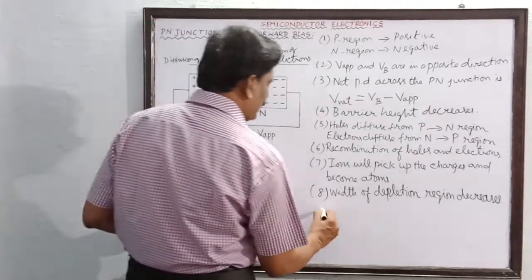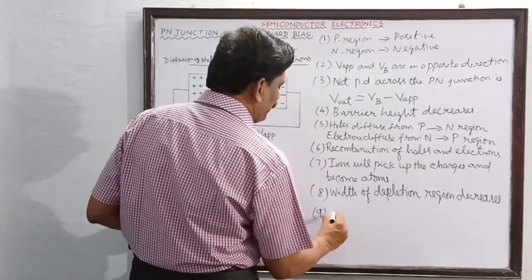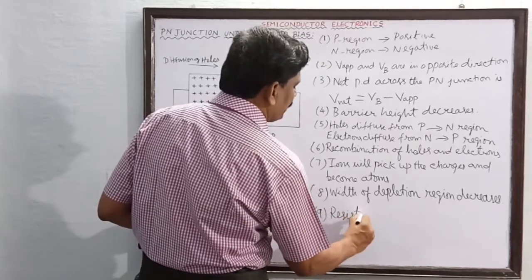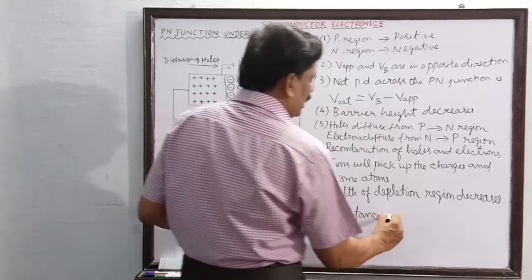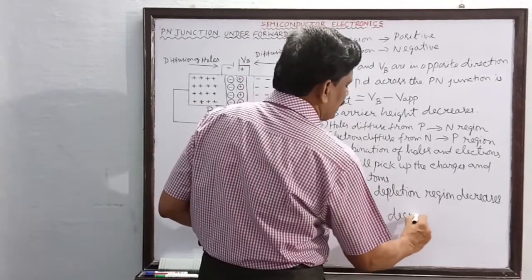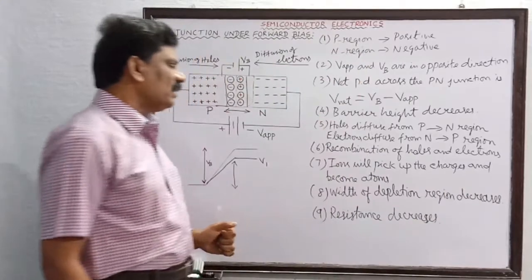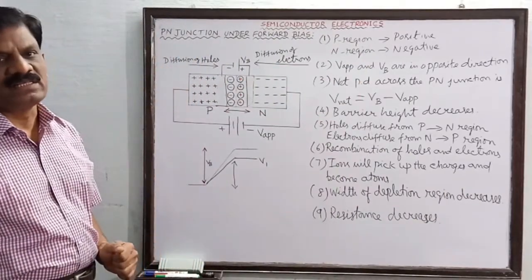So I will write that also as another point: the resistance offered by the junction or the depletion region decreases.